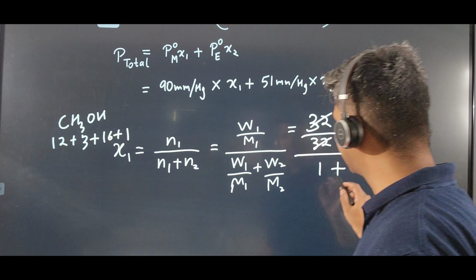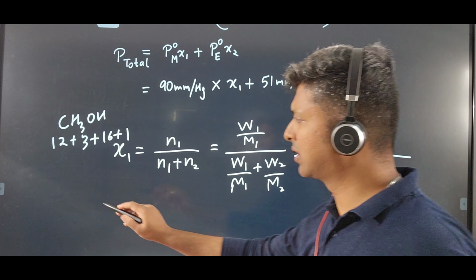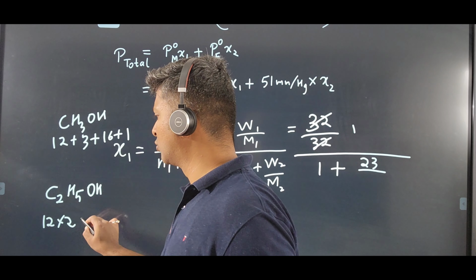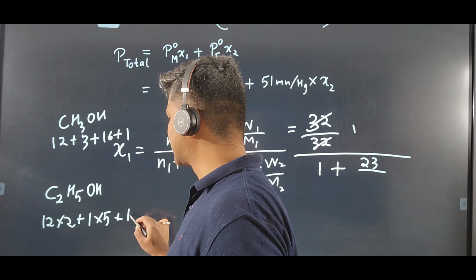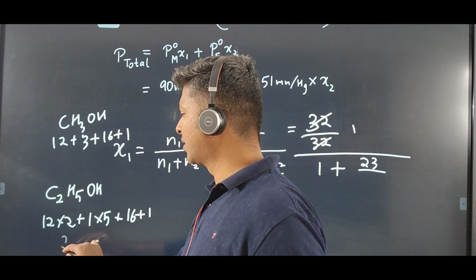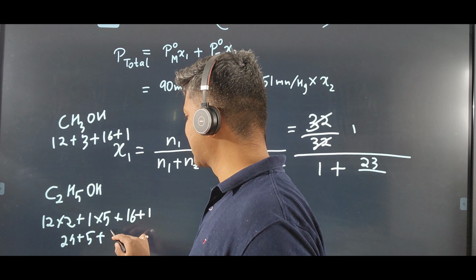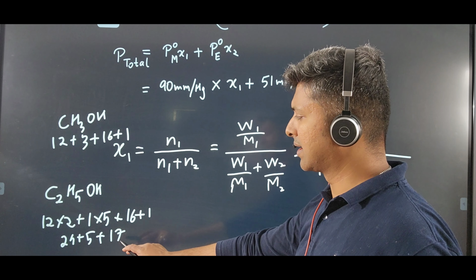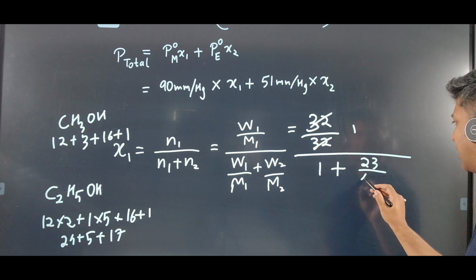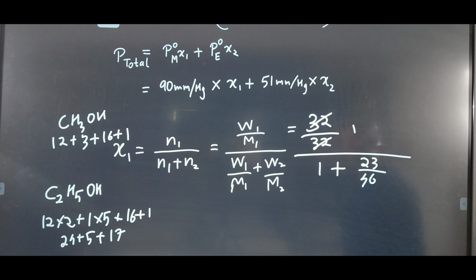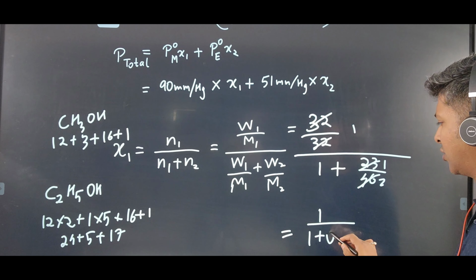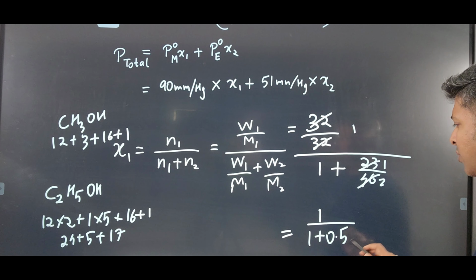Ethanol weight is 23 gram, and the molar mass of ethanol, C2H5OH, is 12 into 2 plus 1 into 5 plus 16 plus 1. 12 twos are 24, 24 plus 5 is 29, 29 plus 17 is 46. So 46 is the molar mass of ethanol. 23 upon 46 is 1 by 2, which is 0.5. So the entire equation becomes 1 upon 1 plus 0.5, which is 1 upon 1.5.